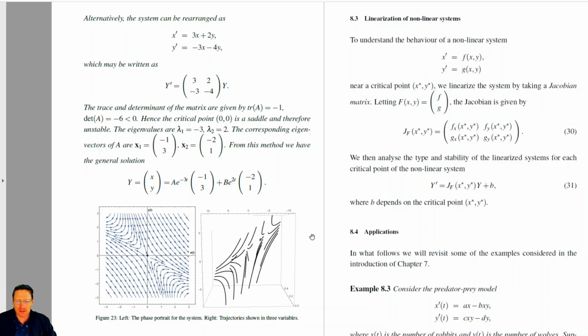Okay, let's move on to the next section, linearization of nonlinear systems. Suppose we have a system of interconnected or coupled differential equations where the expression on the right of each of the equations is a nonlinear function. They can be tremendously difficult to solve.